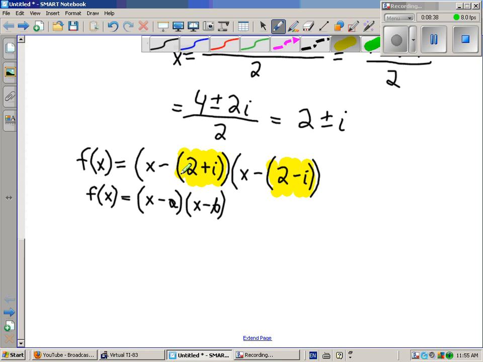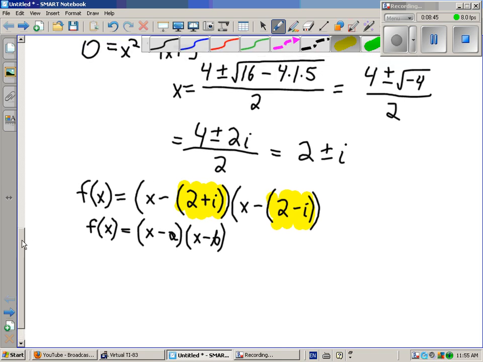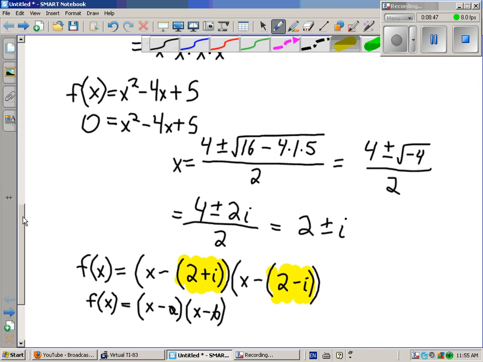And so it gets a little visually confusing. So depending on the application, we would sometimes find these zeros and then write it out as x squared minus 4x plus 5 and leave it in that manner, just so we can claim that we are keeping it real.